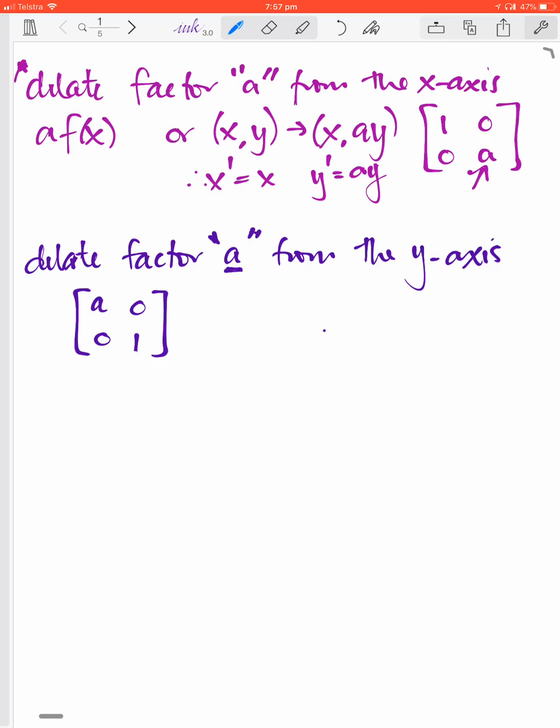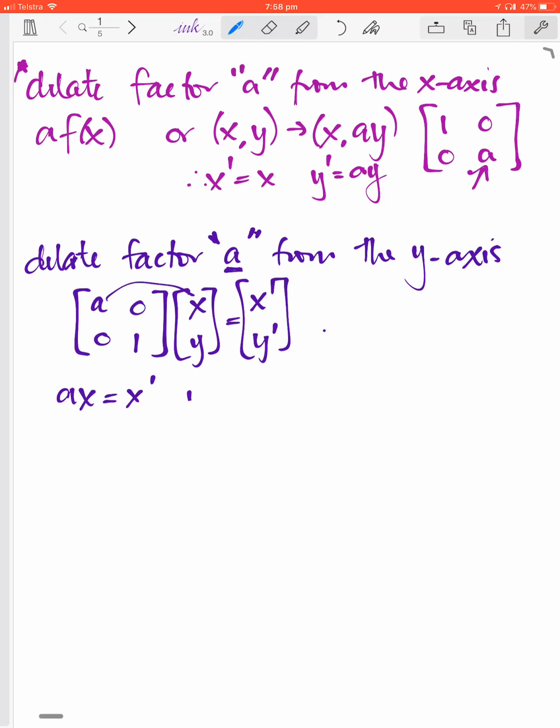So [a, 0; 0, 1] times (x, y) equals (x dash, y dash), just to show you what occurs here. If I multiply this out, I get a times x equals x dash, and y equals y dash. When we transpose our equations, we get x equals x dash on a, and y equals y dash.